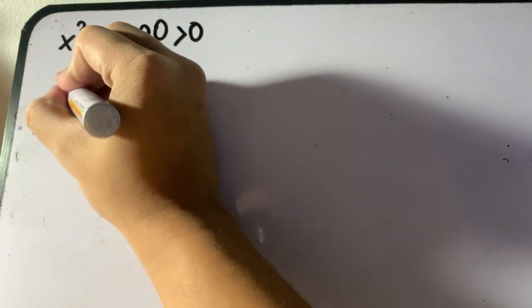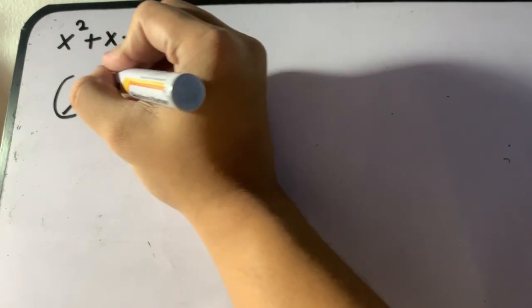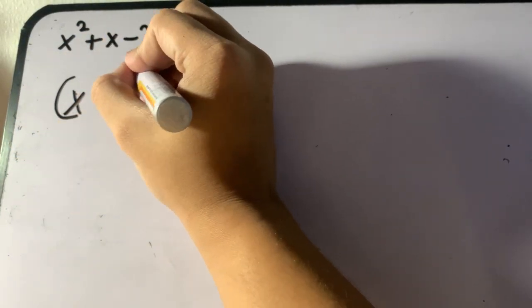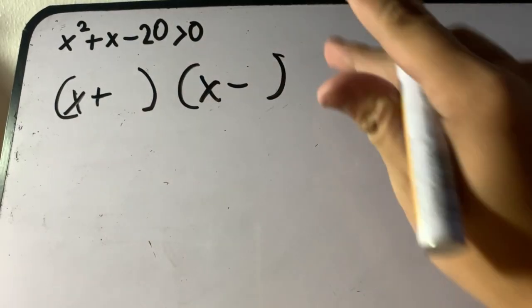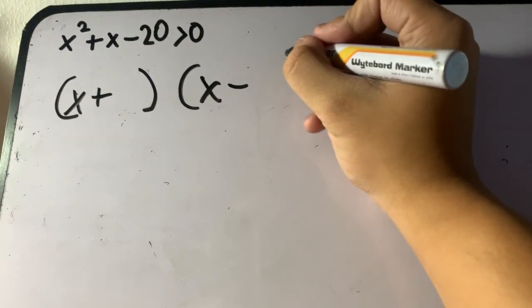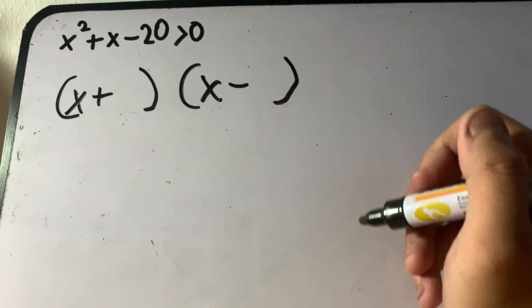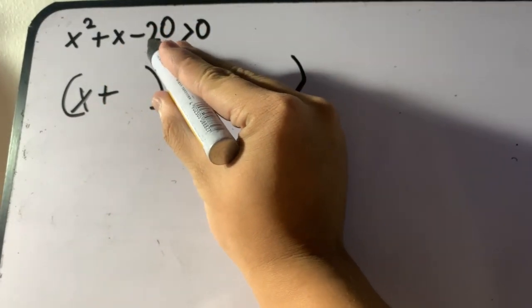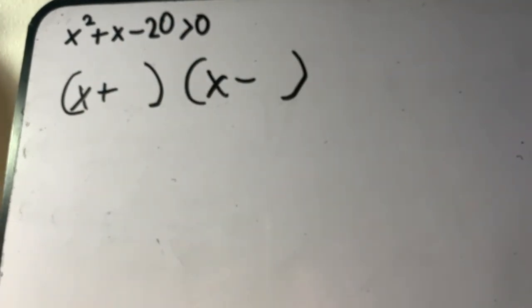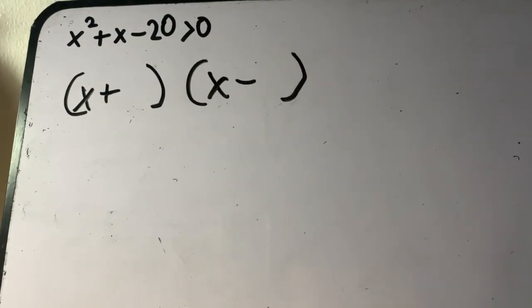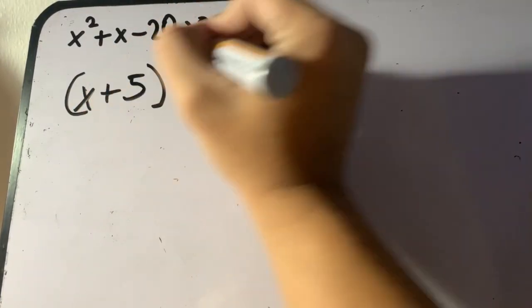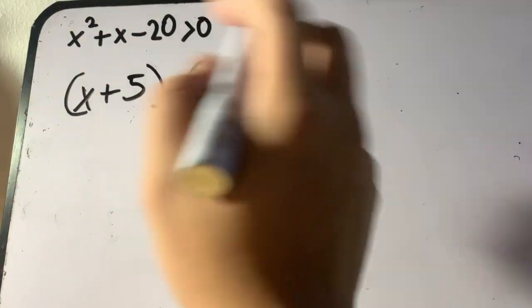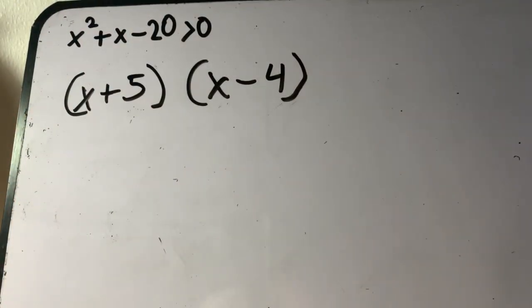So we have x plus and x minus, and then 20. What are two numbers we can multiply to get the product? That would be 5 and 4. It doesn't matter if you flip it, 4 or 5, because they're basically the same.